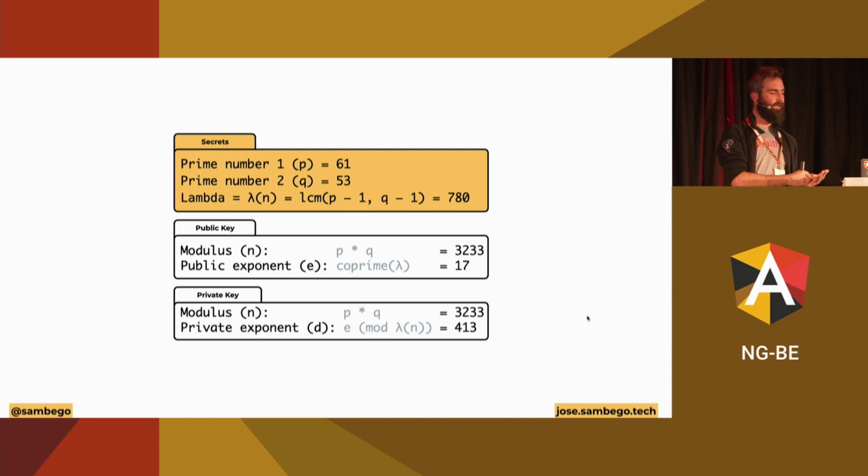Well, the private key will contain that modulus again, the first prime number times the second one, but it will not contain the public exponent. It will contain a private exponent, which is a bit more complicated than just a co-prime. But this is the algorithm that runs RSA under the hood. You have to remember that there's two prime numbers and a lambda generated in memory, and you use that data to mathematically link the public key and the private key, so you can use them while encrypting and decrypting messages.